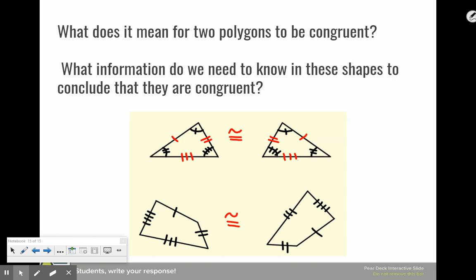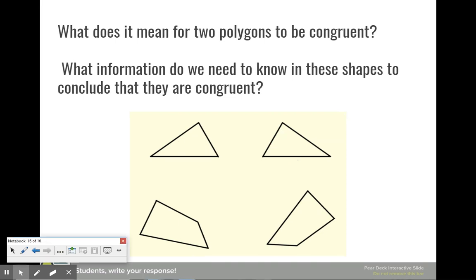Because right now, I need a total of 6 congruent parts in order to say these two triangles are congruent. I need all 3 angles, and I need all 3 sides in order to say that. But today we're going to have congruence shortcuts for triangles so that we don't need to figure out all 6 pieces, because that takes a lot of time and effort. And we like to be lazy, right?